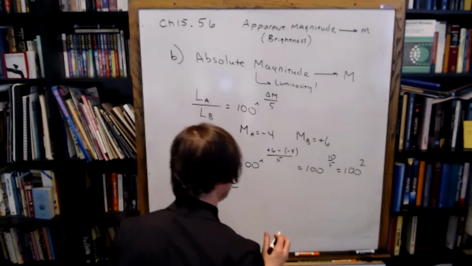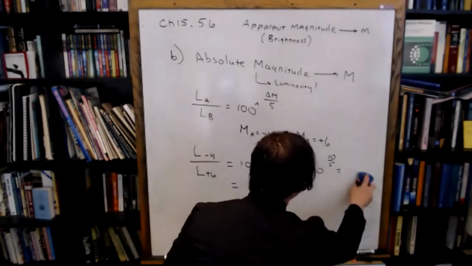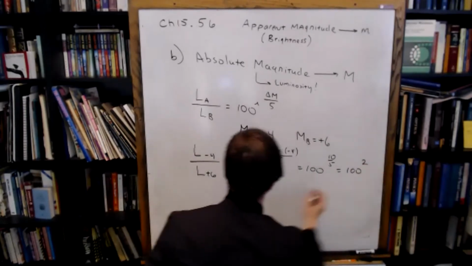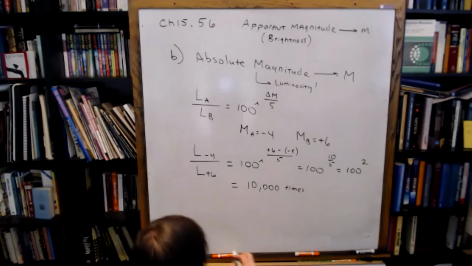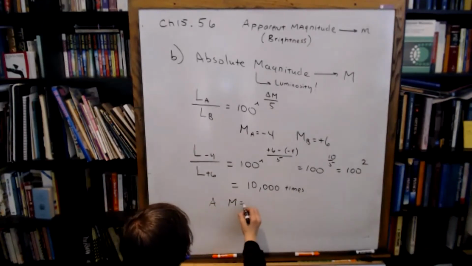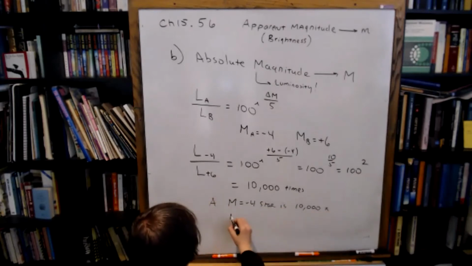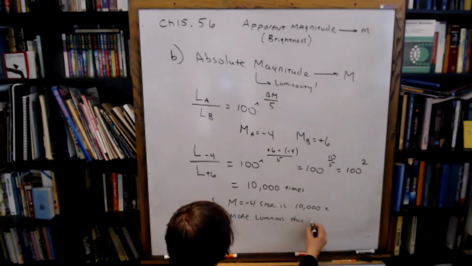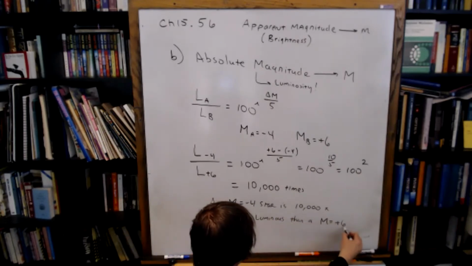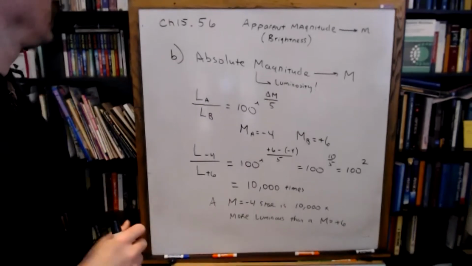What's that equal to? 10,000. We can say an absolute magnitude -4 star is 10,000 times more luminous than an absolute magnitude +6 star. Woo! 4 down, 1 to go.